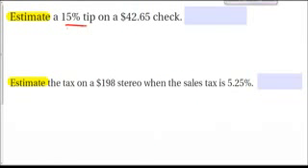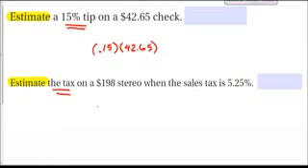Now, as far as tips and tax, they're done the exact same way. If I want a 15% tip on this check, I'm simply going to calculate what 15% of $42.65 is. If I want to know the amount of tax, and the tax is a 5.25% tax rate, then I'm going to take that amount in its decimal form, so divide it by 100, and multiply that by the cost of the stereo to figure out the amount of the tax on the stereo.